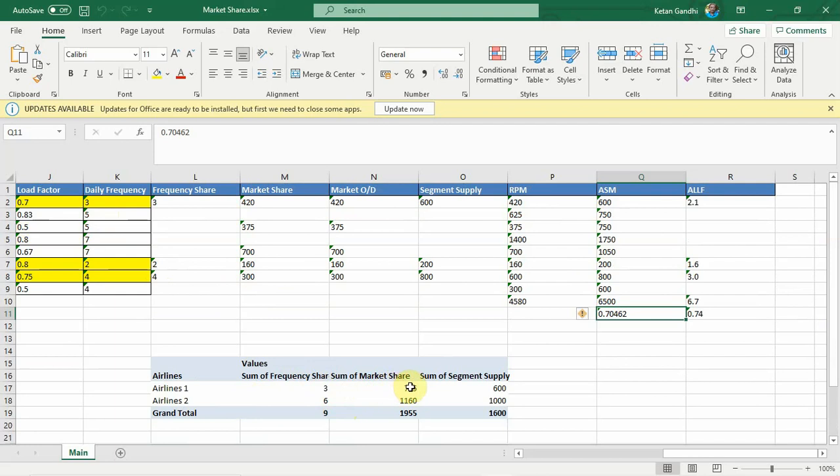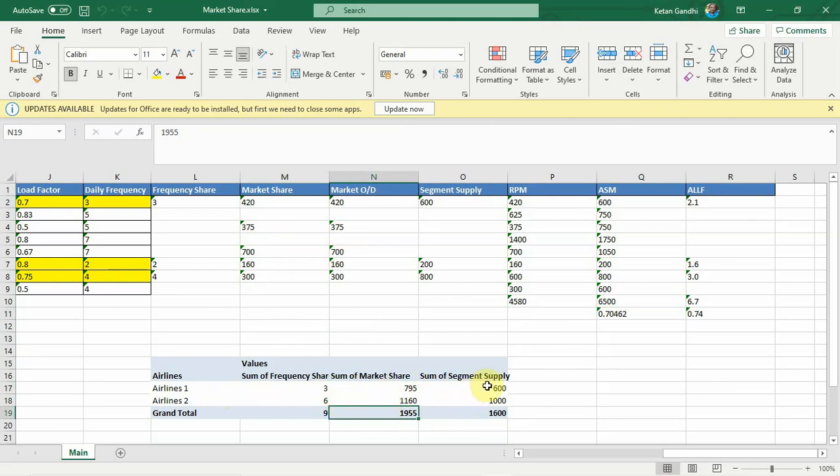And then the sum of the market share, the number of passengers who had flown from here. This is the one from where you can calculate this. And the total number of passengers carried is the market share for both the airlines in totality.